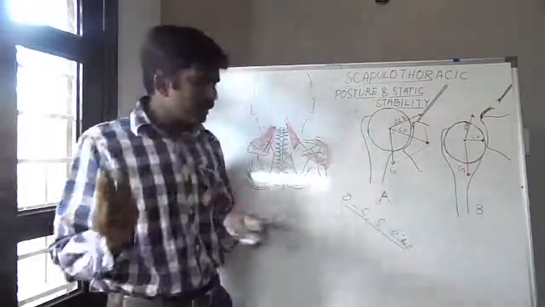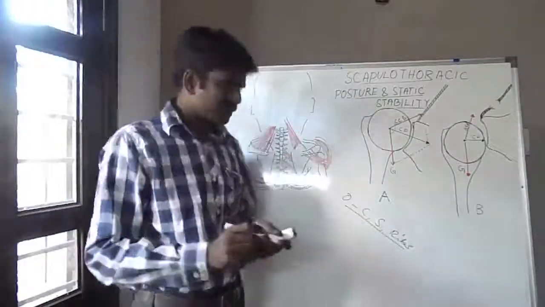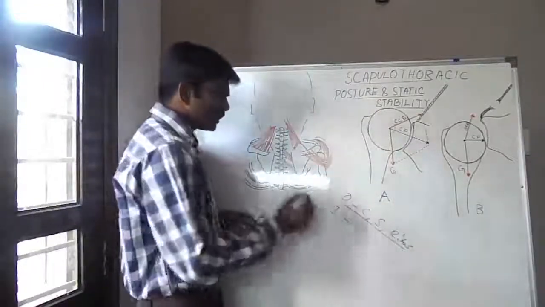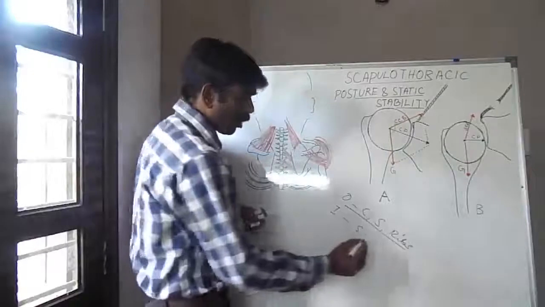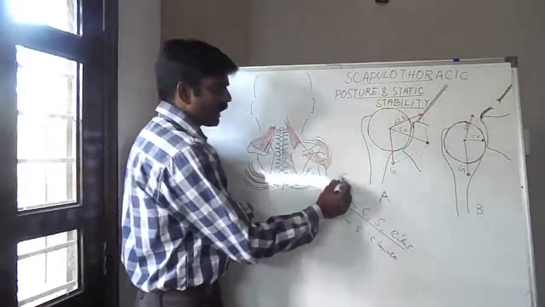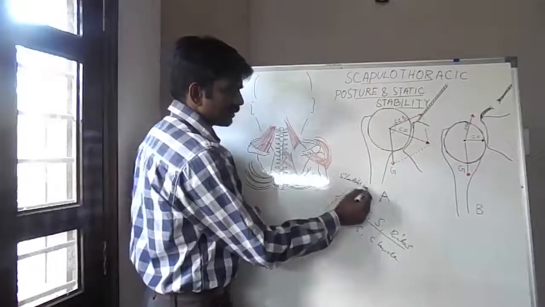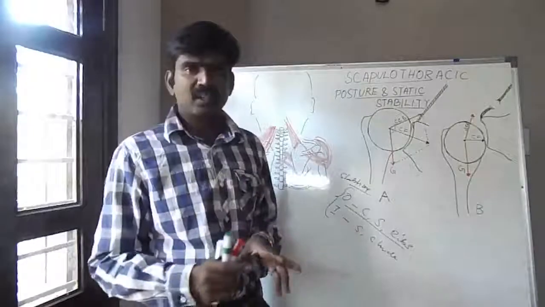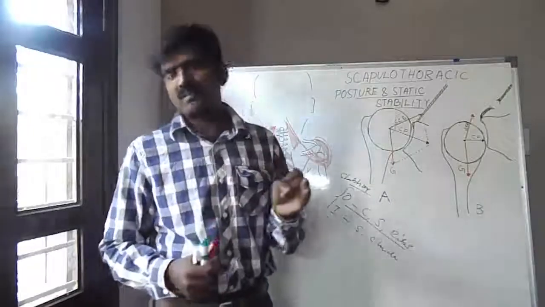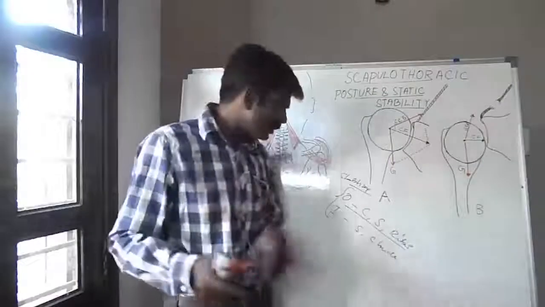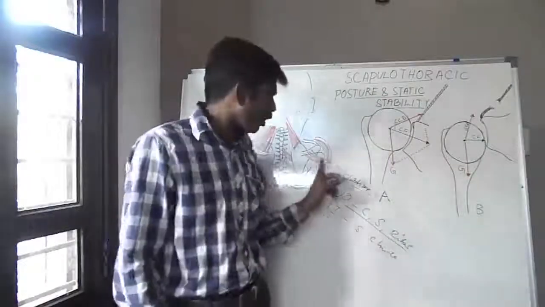The origin should be in one of these three bony structures, and the insertion is either in the scapula or in the clavicle.